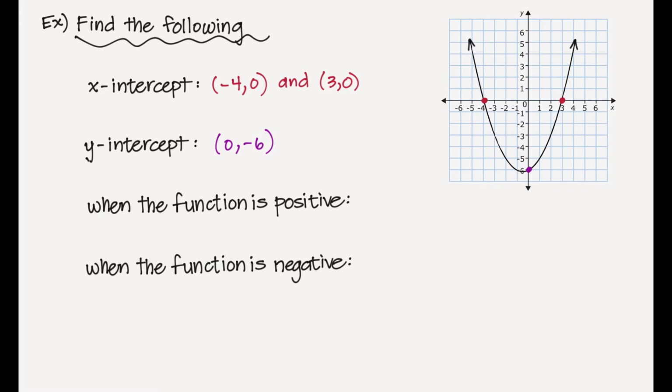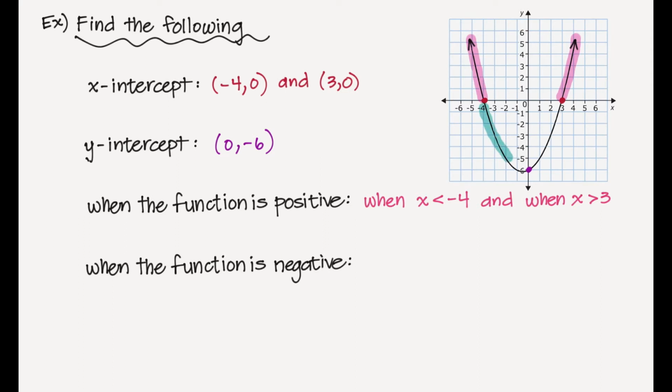And now when I'm describing when the function is positive, it occurs in two different parts of the parabola. So it occurs when the x values are less than -4, but also when the x values are greater than +3. You see that?